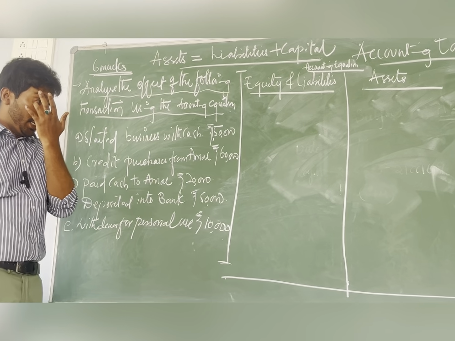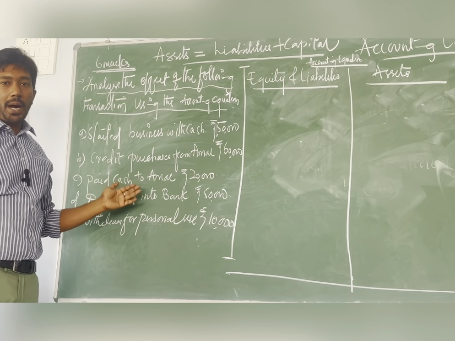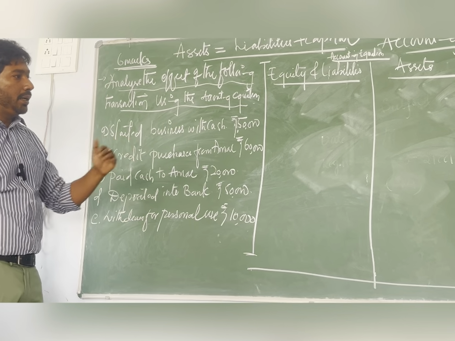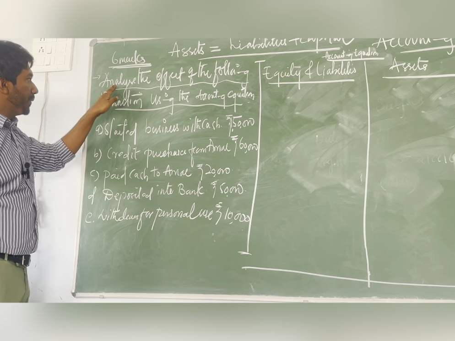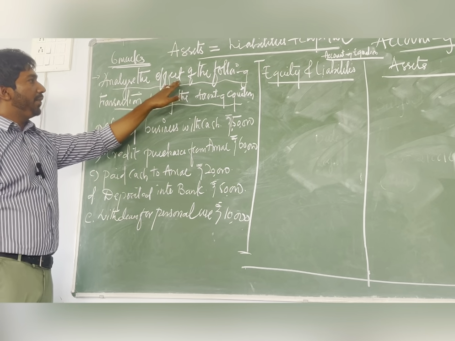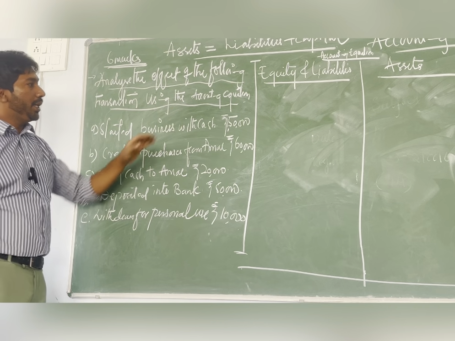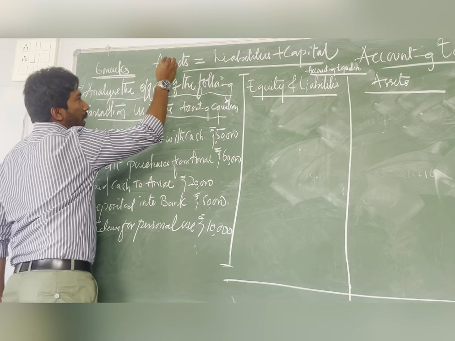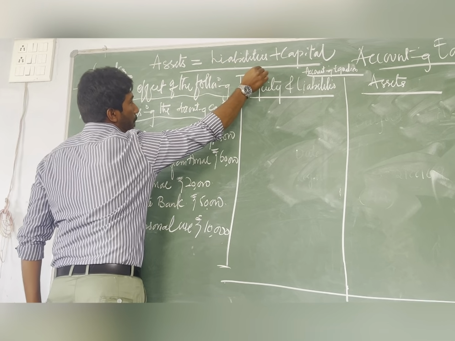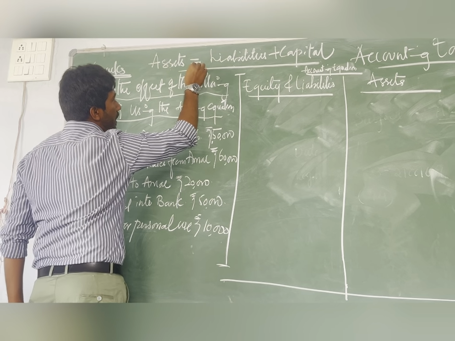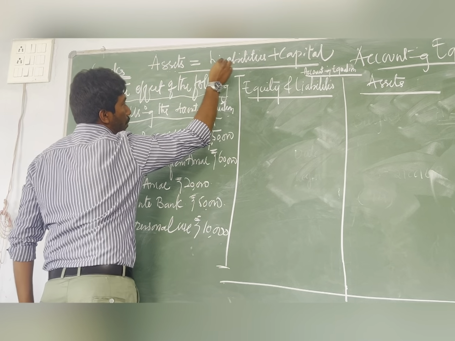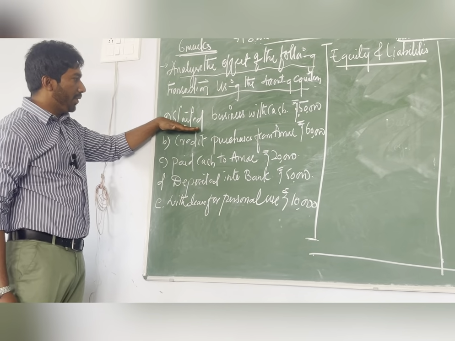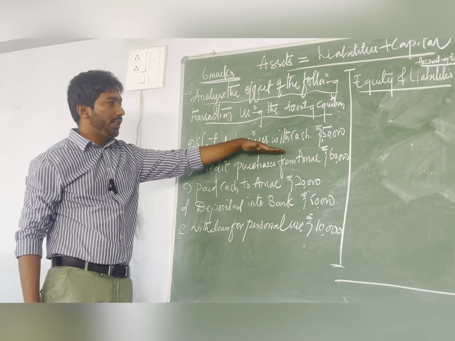Based on that, there is one problem they will ask you in Part C for 6 marks. So let's start with the problem so that you understand what we are dealing with. The question is: analyze the effect of the following transactions using the accounting equation, that is, assets equal to liabilities plus capital, A = L + C. The first transaction is: started business with cash.